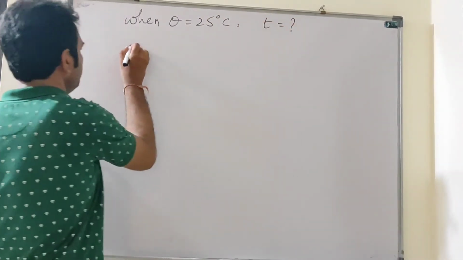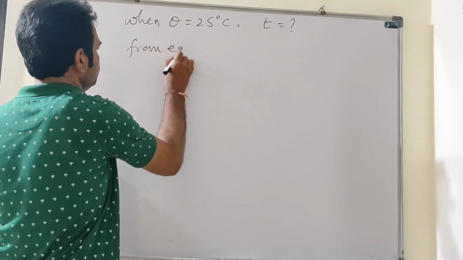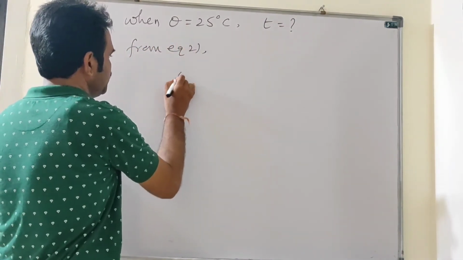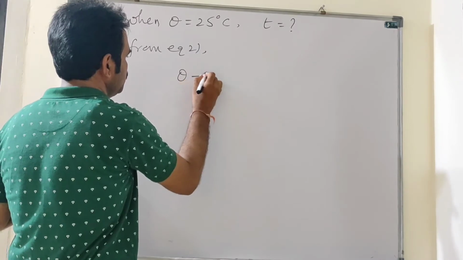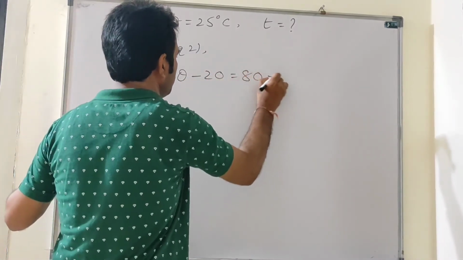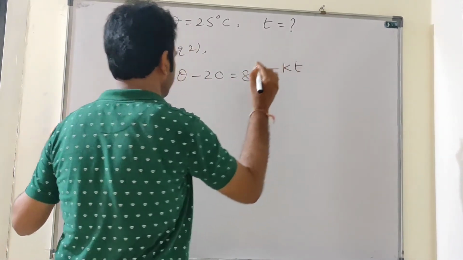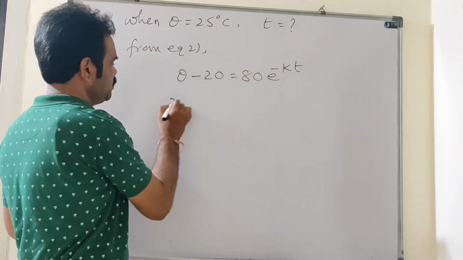From equation 2, theta minus 20 is equal to 80 e power minus kt. What is theta here? 25.